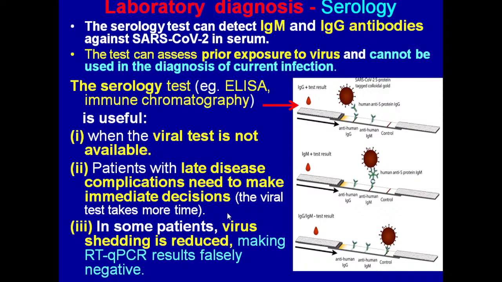And in some patients, where the viral shedding is reduced, reverse transcriptase PCR result will be false negative. That's very important. So we can escape the false negative result.